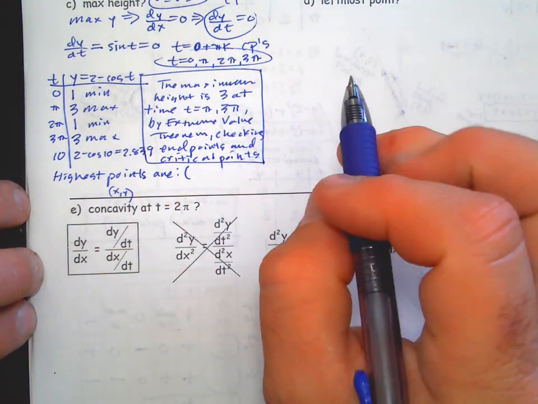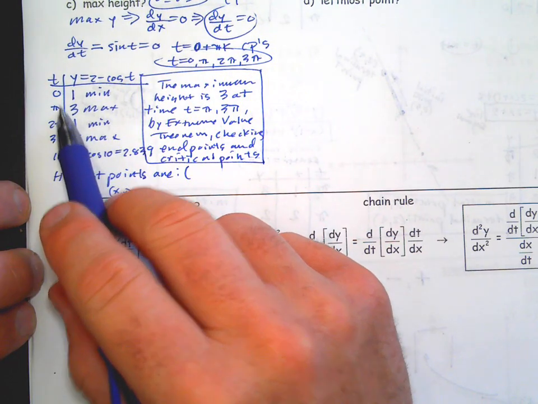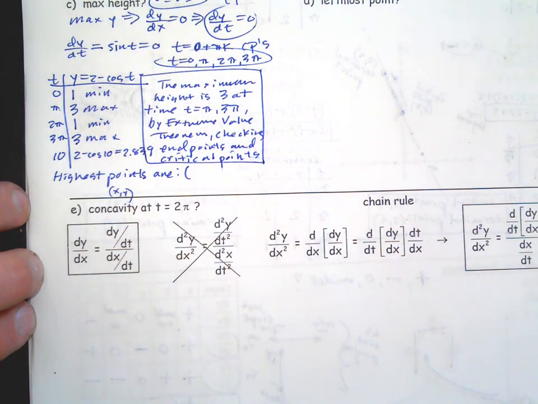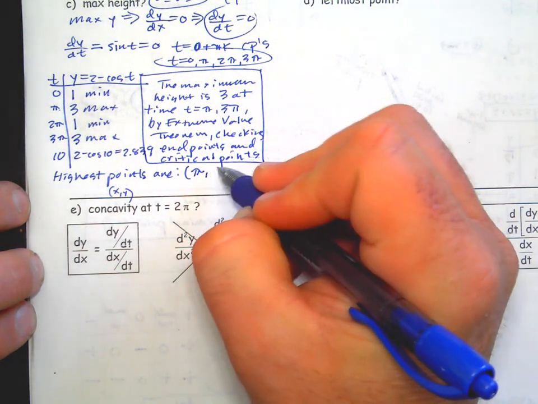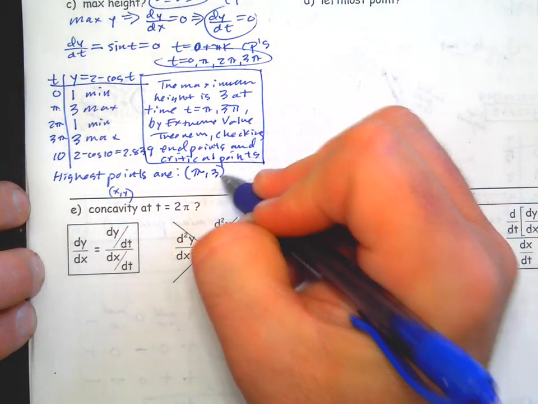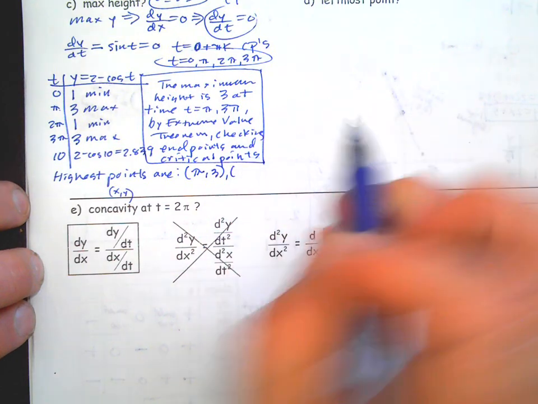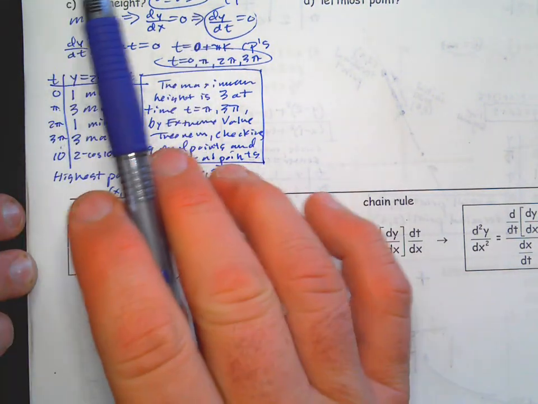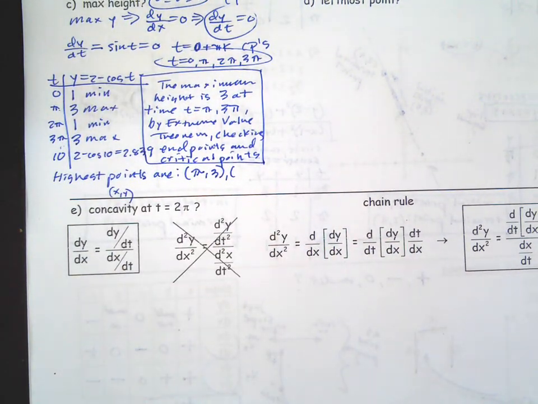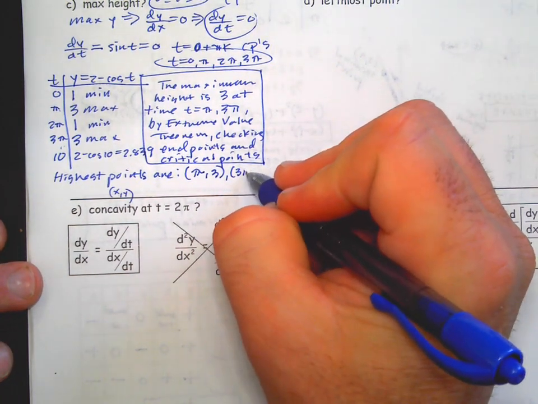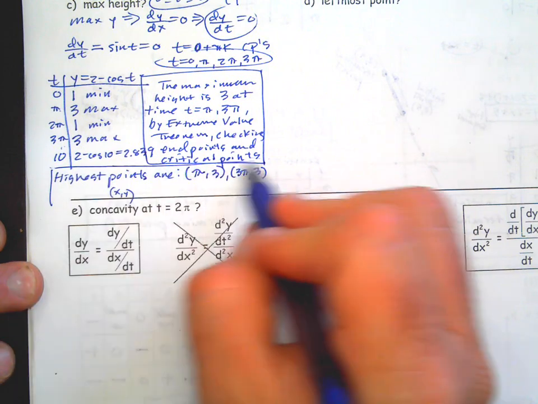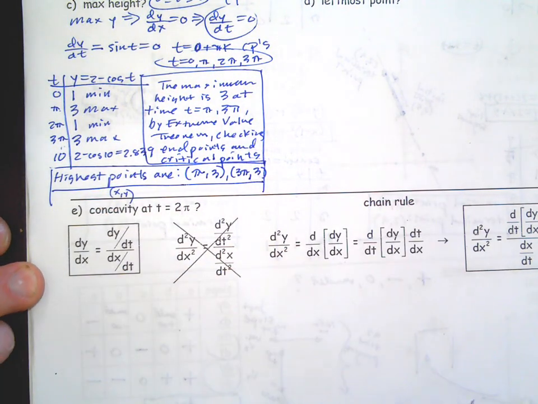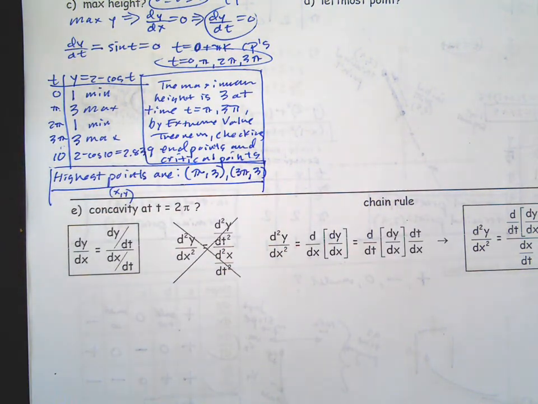So the X values, you'd plug pi into the X equation, and you would get pi for the first one, and then 3. And then the other point would be at 3 pi. If you plug 3 pi in, you also get 3 pi for the X value. And then the Y value is 3. So that could be a different question related to the same work and the same idea.